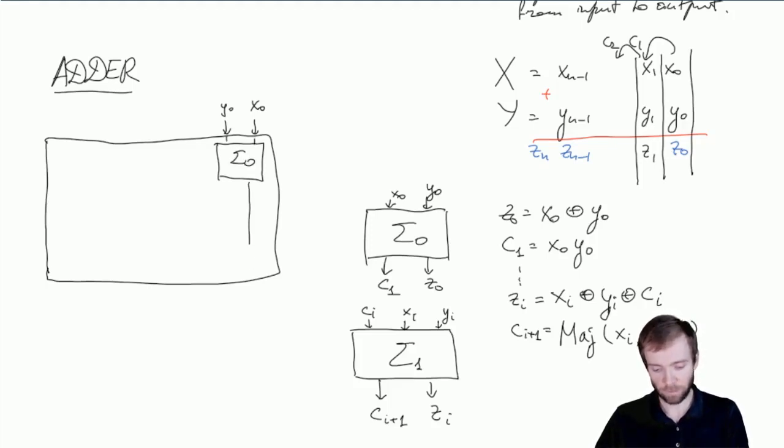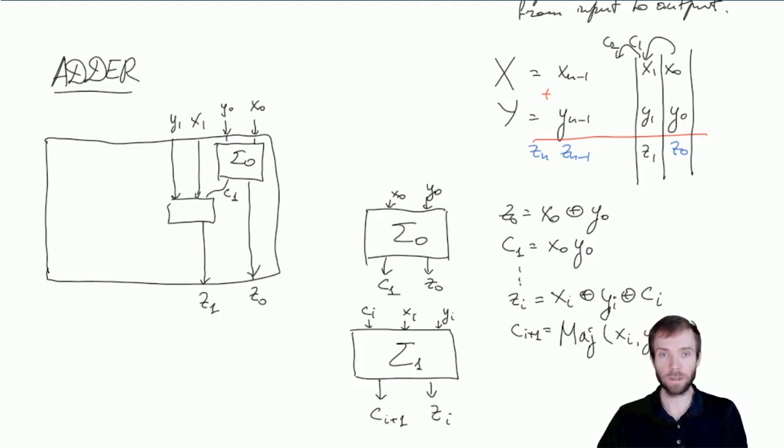Then this block would give us z0 and c1, which we'll use together with the inputs x1 and y1 to get the next output z1 and yet another carry bit c2, which will supply to yet another copy of this circuit.